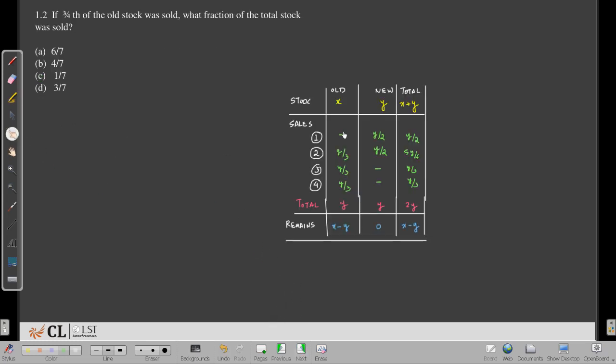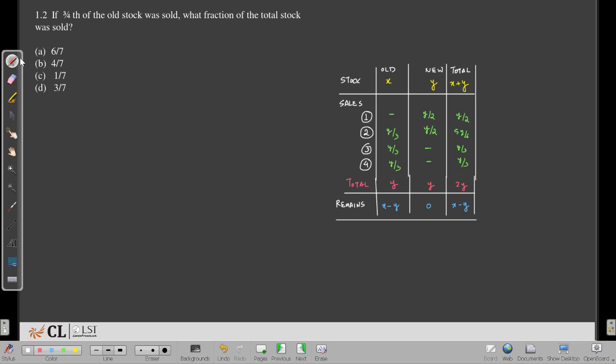Let's look at the next question here. If 3/4 of the old stock was sold. Now this is information that we will use for subsequent questions as well. So let's capture what that says. The sales of old stock would be equal to 3/4 of x.